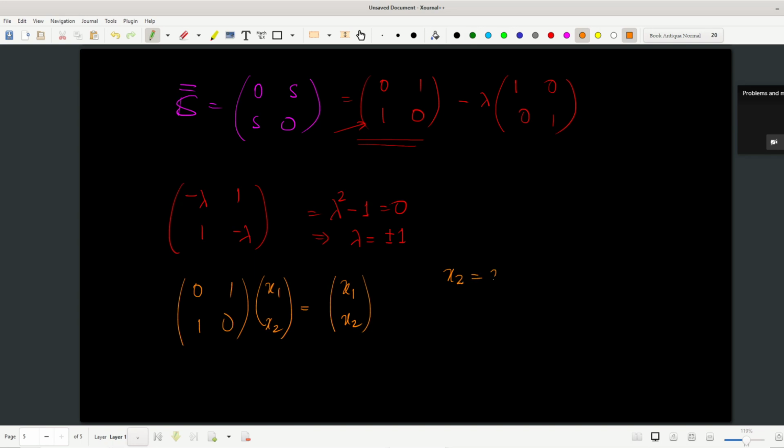X2 is equal to x1, and the other equation gives x1 is equal to x2. So we can choose x1 as 1, so the other component becomes 1. So 1, 1 is one eigen direction, or the eigenvector. And if you normalize it, it becomes 1 over square root 2, 1 over square root 2. So basically this direction is 45 degrees from the x-axis.